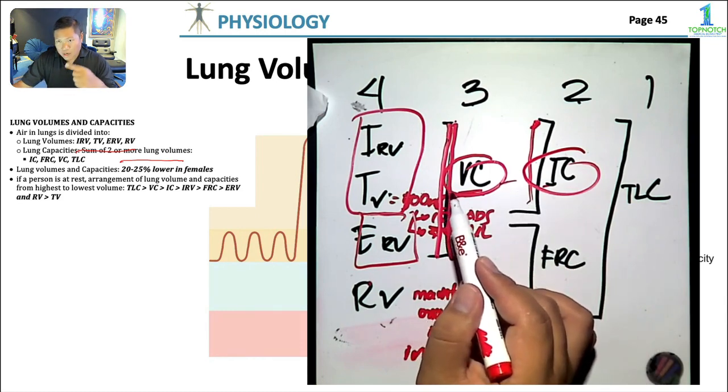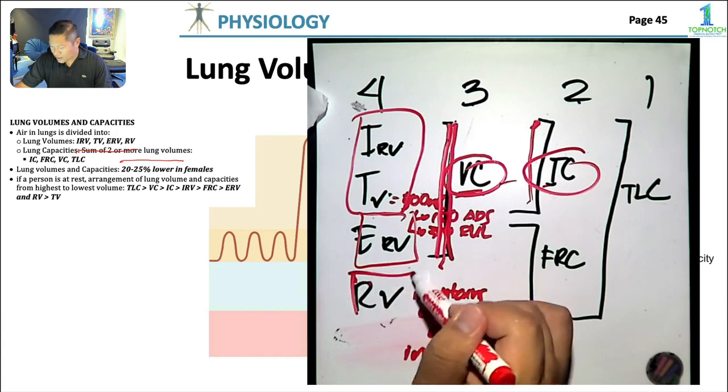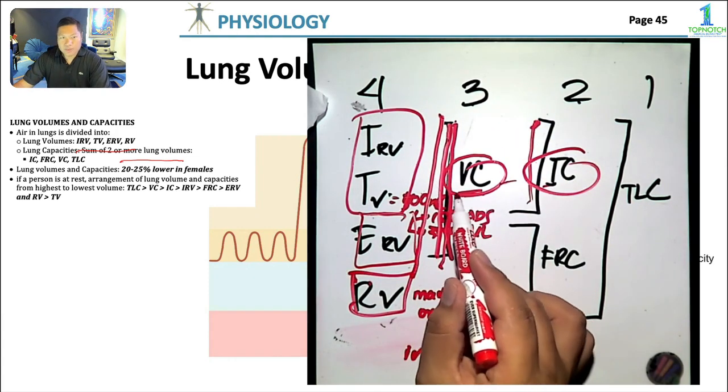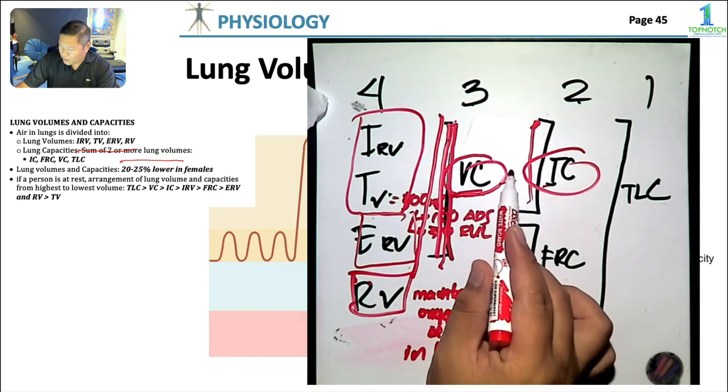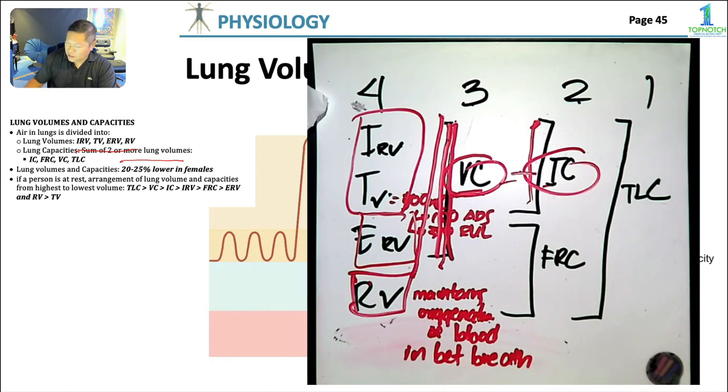But if I'm normally breathing and then I fully exhale, such that only RV is left, and then I fully inhale, what I inhaled is my vital capacity. So be careful about the subtle difference between vital capacity and inspiratory capacity.